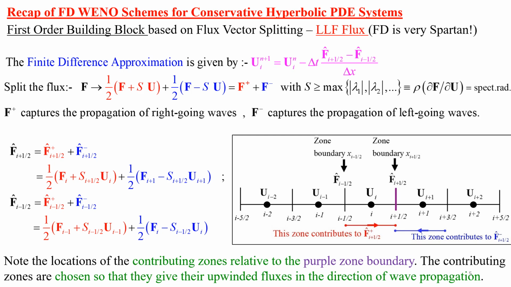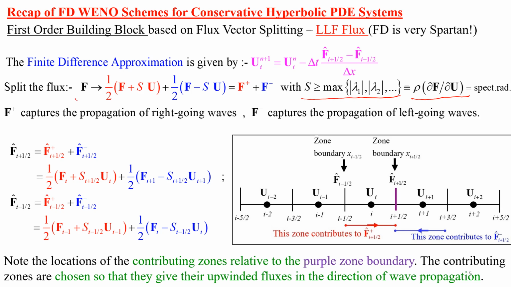Then you would resort to an LLF, a local Lax-Friedrichs type of flux splitting. How does that work? It works by first getting the spectral radius of your Jacobian matrix. Operationally, this is nothing but analyzing the Jacobian matrix of the flux, obtaining the eigenvalues, obtaining the maximum value of those eigenvalues, and using an S value that is comparable to the spectral radius.